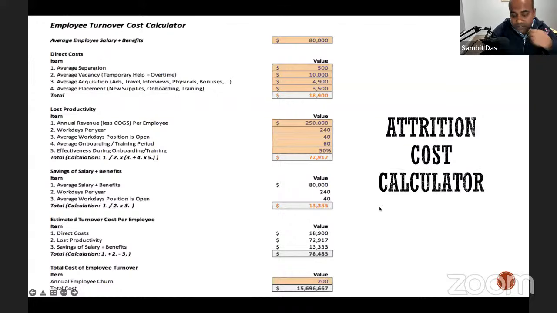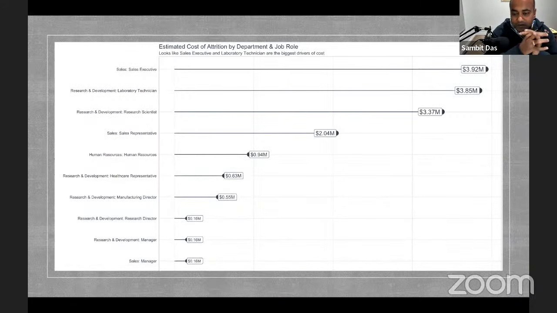So what happens if we are able to identify the cost of attrition using this? The powerful thing is that we can model the cost of attrition by department and by job role, because essentially we have arrived at a figure for every person leaving, and this is how you put up a dollar figure.